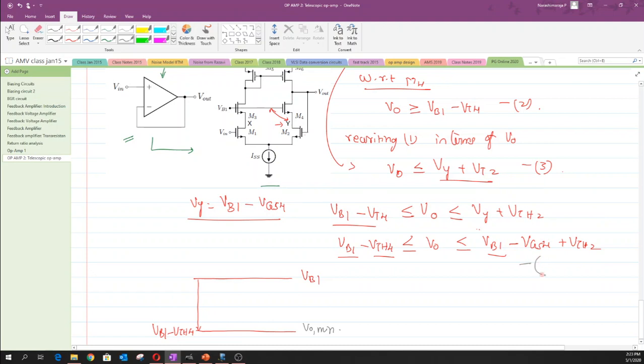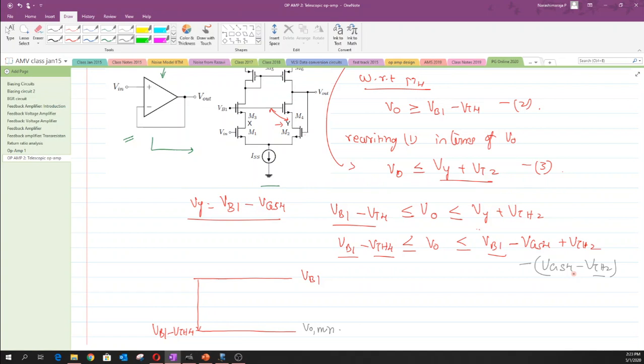So one could pull out a negative sign out of this expression, so it can be written as Vgs4 minus Vth2, which is almost closer to the value of VOV, even though the threshold voltage of transistor 2 is being used in connection with VGS of M4, they are actually not appropriate, but still one could visualize this VGS minus VTH as something like VOV, and we know that the value of this VOV can be made smaller than the value of VTH.